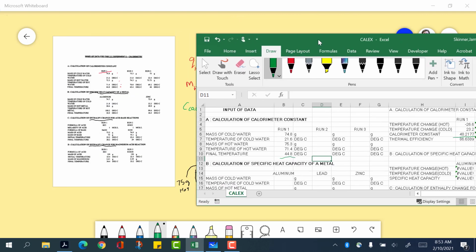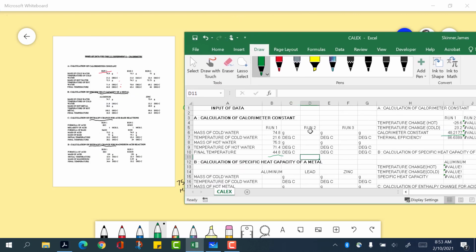And if we were plugging that in, and they had in run number 2, they had what, 75.3, 21.8, sorry, 21.8. So what we'll do is just plug this in right here, 74.5 and 70.8 and 45.4.